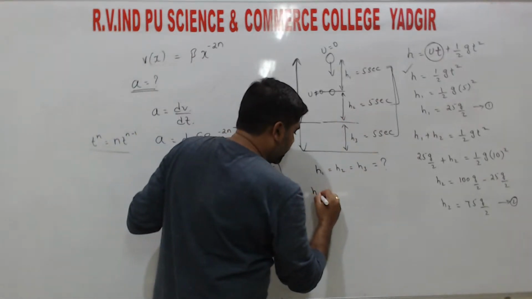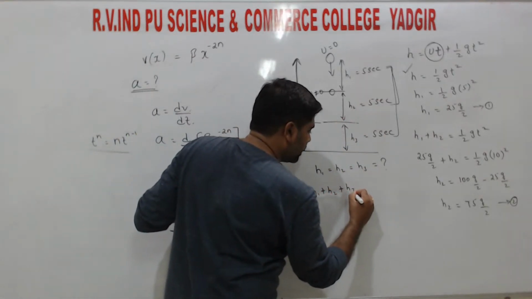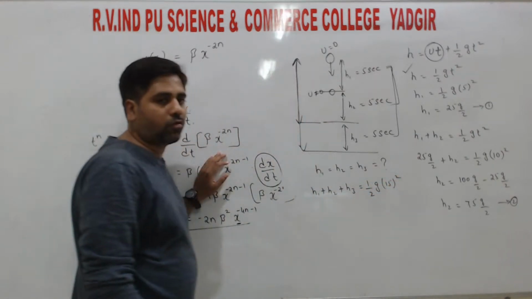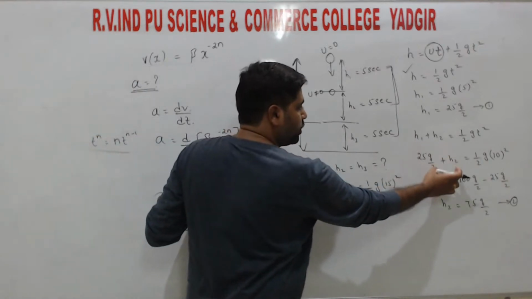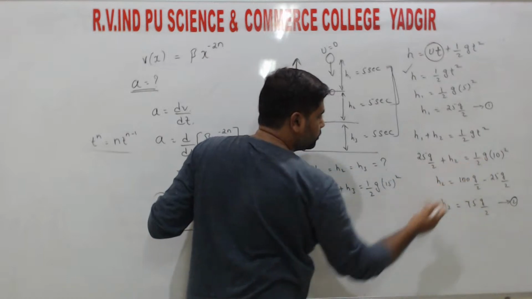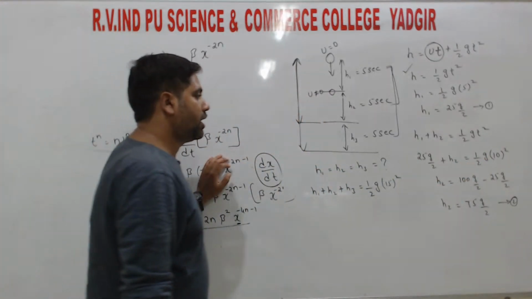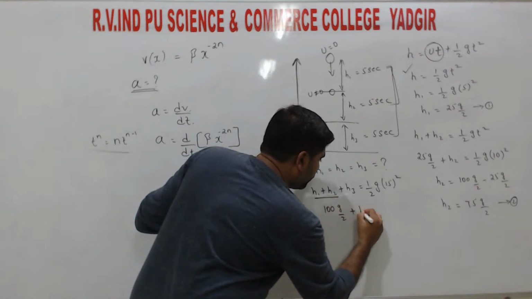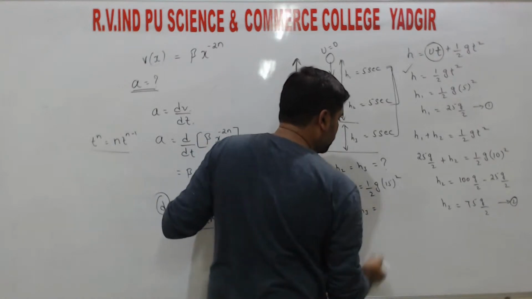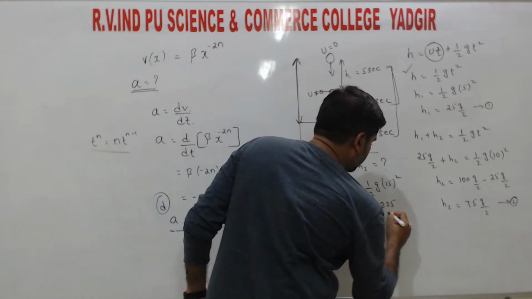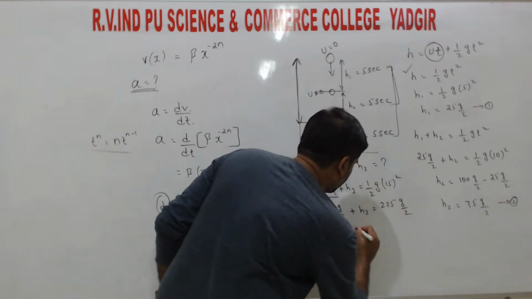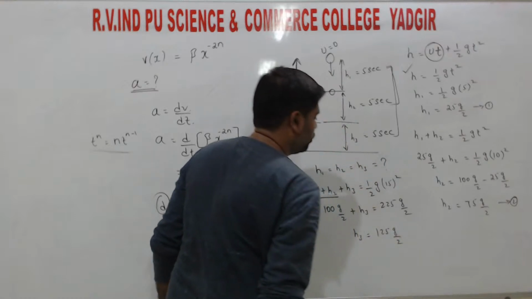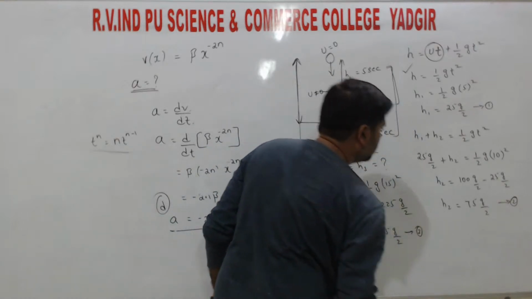So h1 plus h2 plus h3 is equal to 1 by 2 g into 15 square. For h1 plus h2 we get the value 100g by 2, so 100g by 2 plus h3 is equal to 225g by 2, since 15 square is 225. So h3 is equal to 125g by 2. Calling this equation 3.